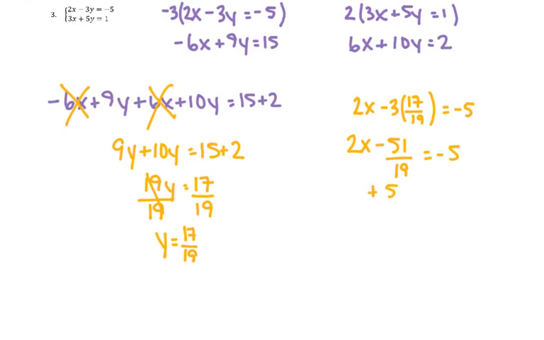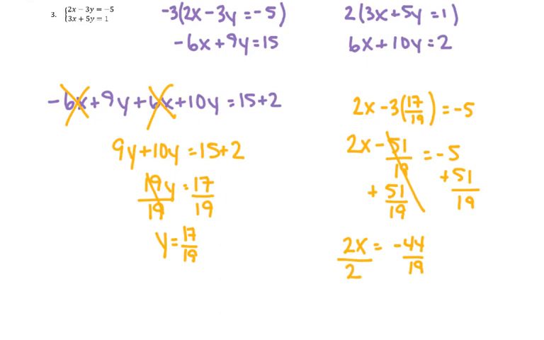And unfortunately, I have to do one of those. I don't really like to do it, but I'm adding 51 over 19 to both sides. And this time, just to save a tiny bit of time, I'm going to use my calculator. So I've got 2x equals -5 plus 51 over 19. And that gives me -44 over 19.